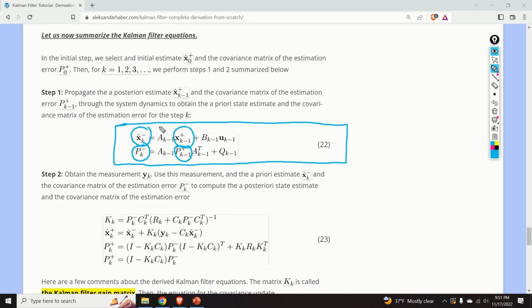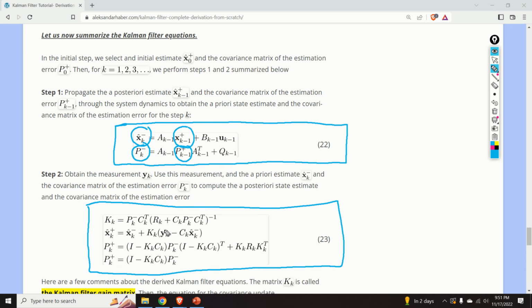And once we propagate the estimates and covariance matrices through the dynamics of the system, then the recursive least squares method kicks in.